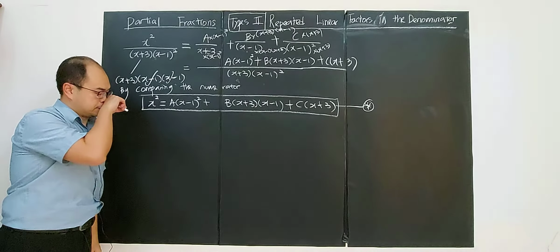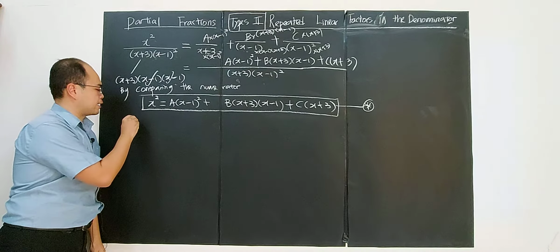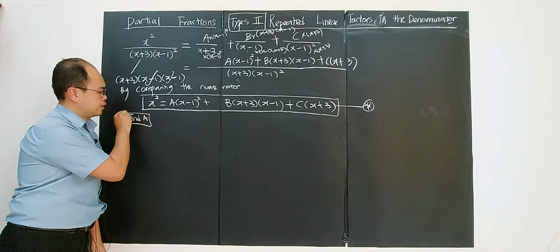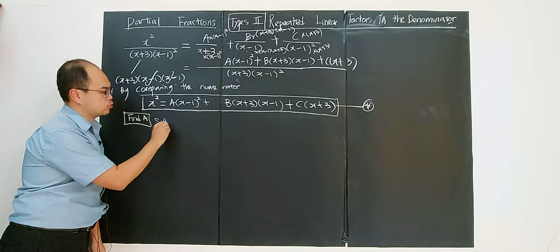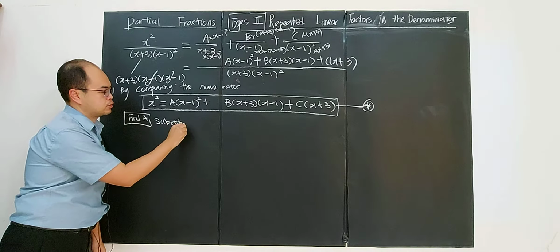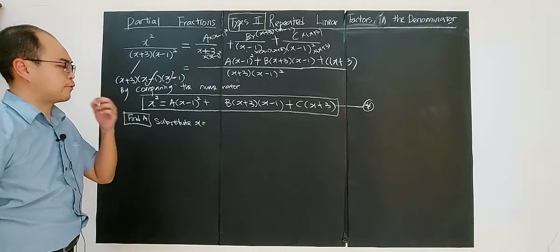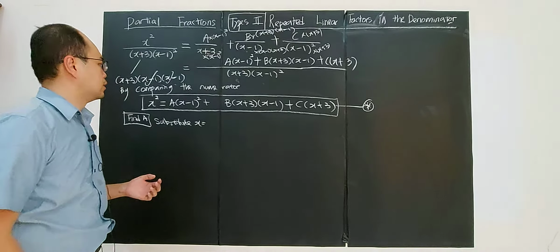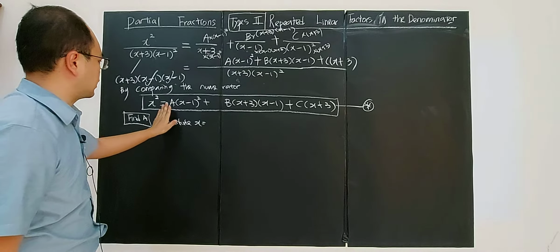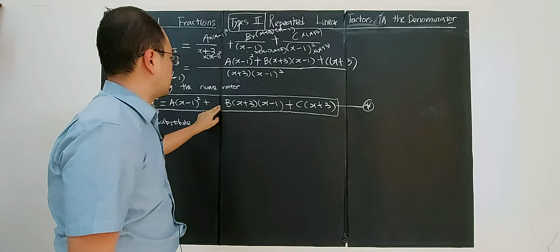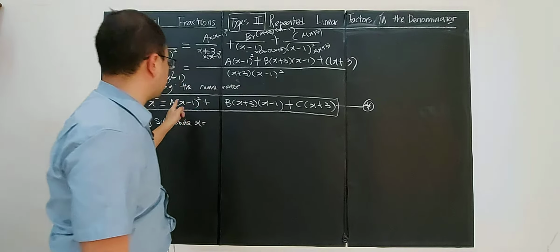So very easy. You want to find A. What is a suitable value for you to substitute? Substitute x equals a suitable value of x. For example, to find A, you have to make this term become 0, then you can find A easily.